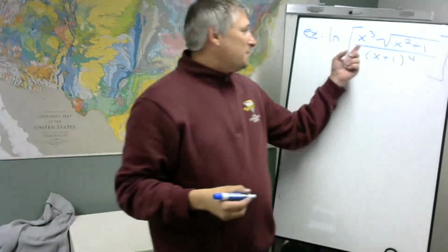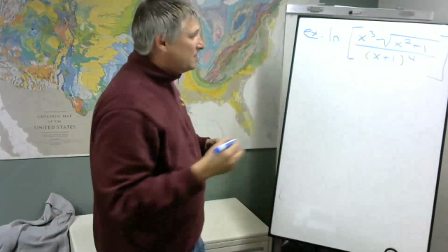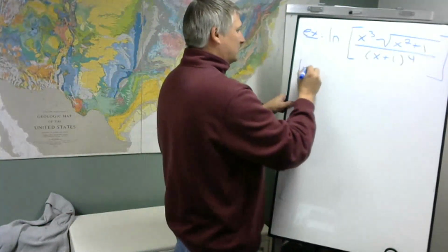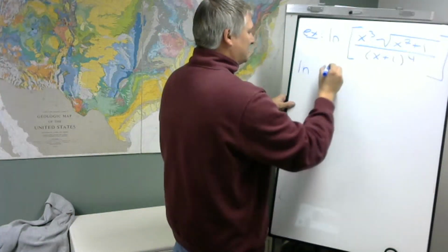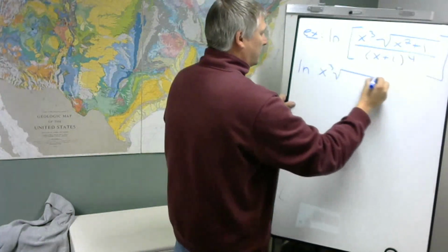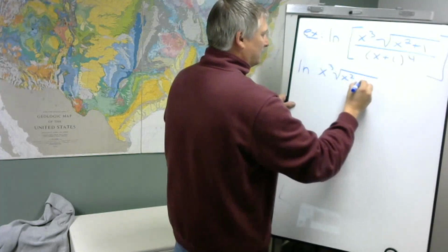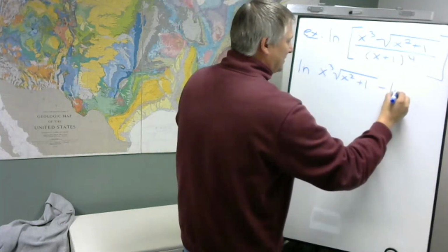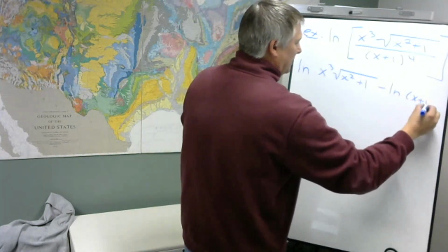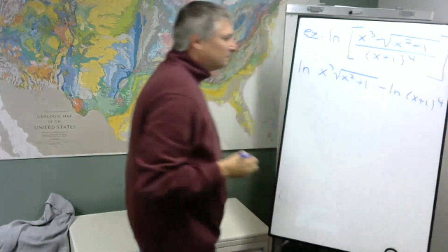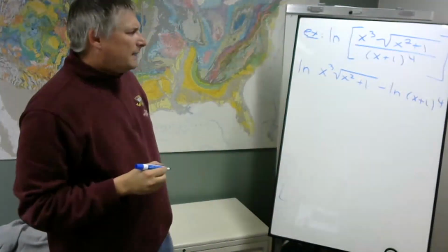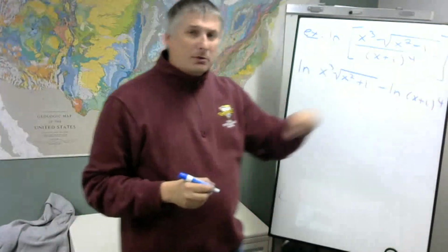So again, let's deal with this division. We have a division here. It means we're going to be subtracting: natural log of x cubed square root of x squared plus 1, minus natural log of x plus 1 to the 4th. And in this one, we can use that exponent rule.